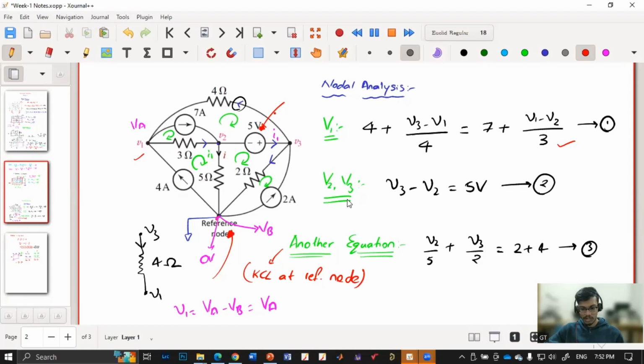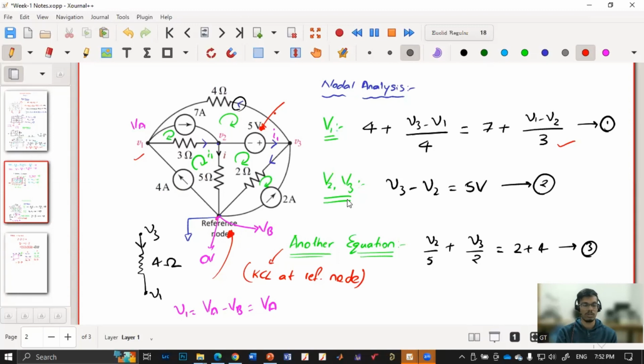As we are getting closer to 8 p.m., I just wanted to summarize that we have discussed mesh analysis, which is all about KVL, and nodal analysis, which is all about KCL. But there could be some border cases or exceptional cases where you cannot directly apply KCL or KVL.